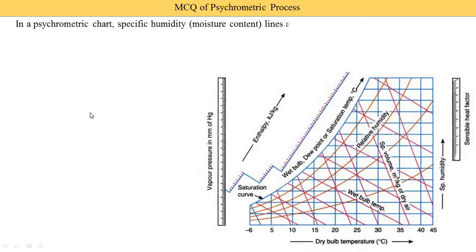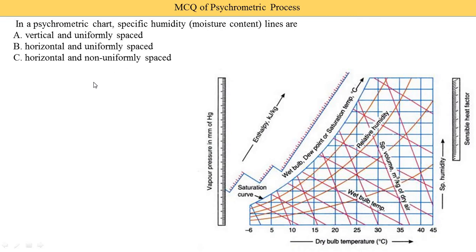In a psychrometric chart, specific humidity, or moisture content, lines are: vertical and uniformly spaced, horizontal and uniformly spaced, horizontal and non-uniformly spaced, or a curved line. We know that specific humidity is given on the y-axis, the vertical axis, so its line is horizontal.